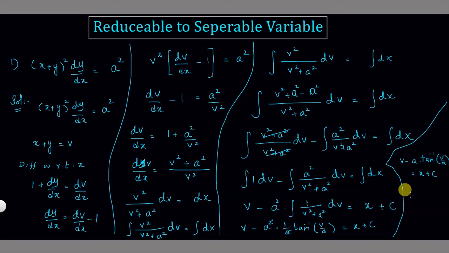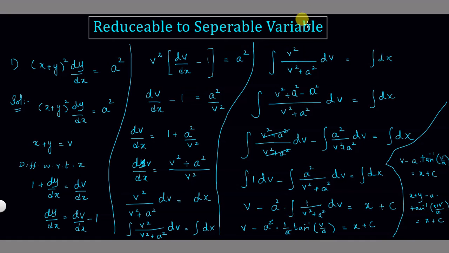So finally we will get x plus y instead of v, minus a into tangent inverse. Actually there is very little space over here, that's why I am writing over there, x plus y divided by a is equal to x plus c.